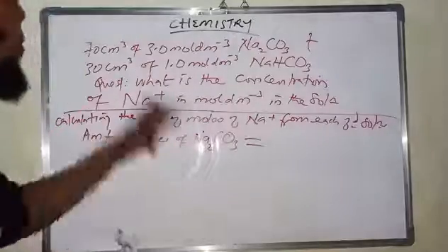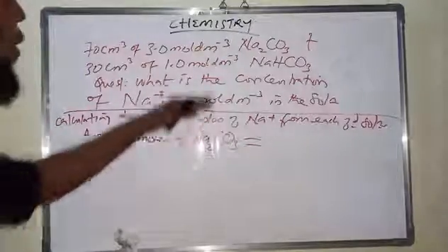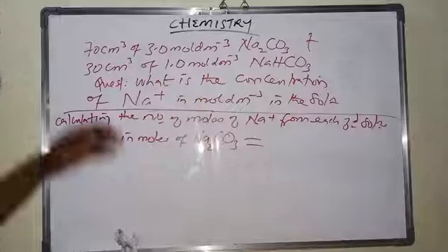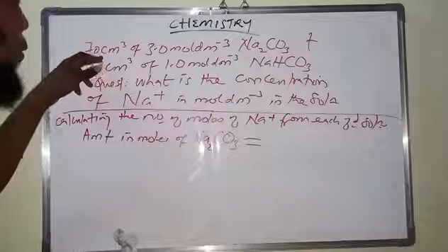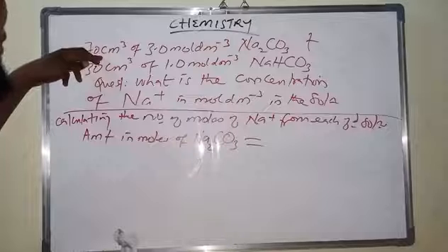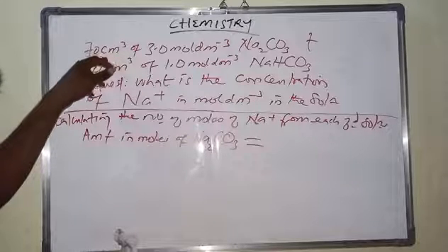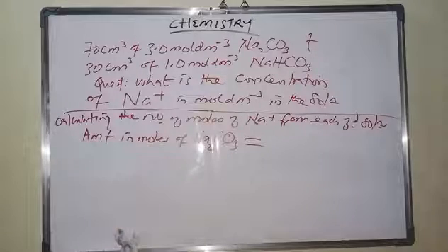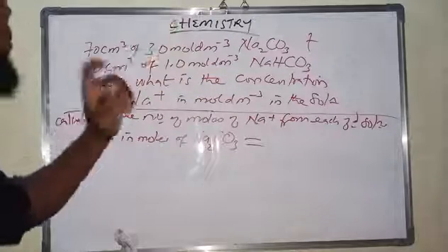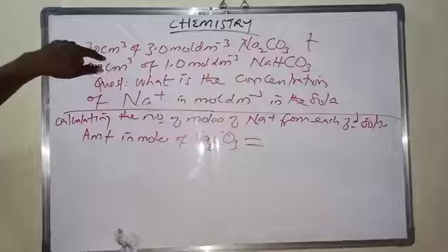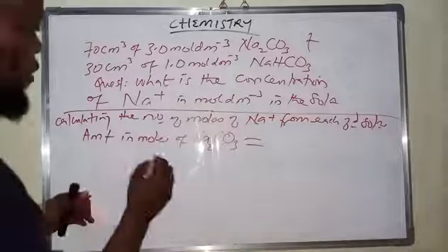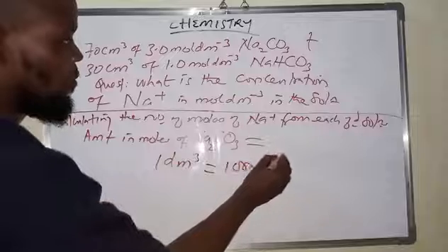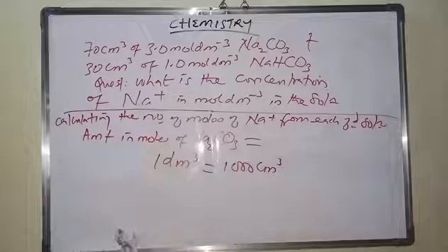We need to know the amount in mole of this sodium carbonate in this solution. So how do we do that? It is usually by multiplying the volume by the concentration. Now, if concentration is in dm cube, then the volume is in centimeter cube, and we must know that 1 dm cube is equal to 1000 centimeter cube.